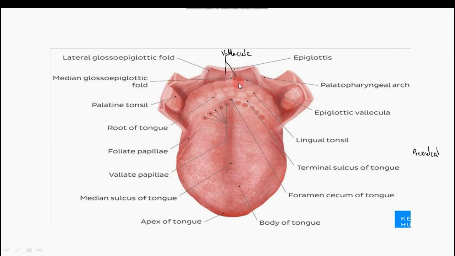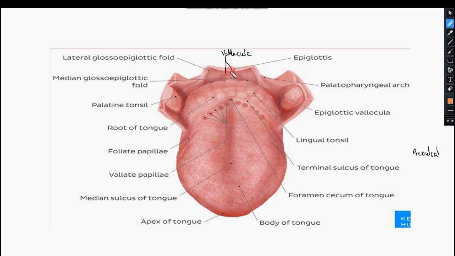Clear? And this base is connected to the epiglottis, which we can see here. So this base is connected to epiglottis by this median glossoepiglottic fold, and on either side by the lateral glossoepiglottic fold.